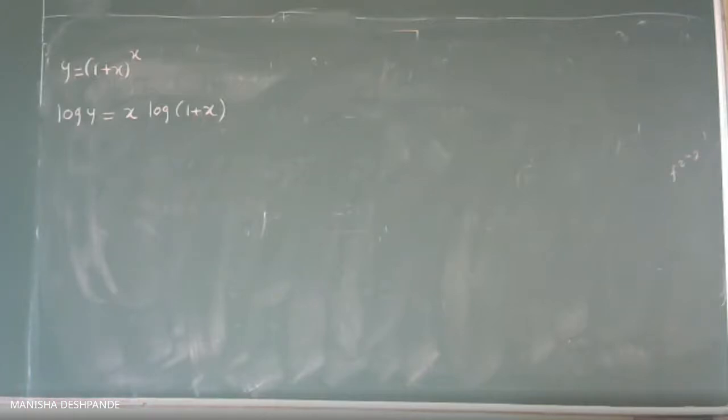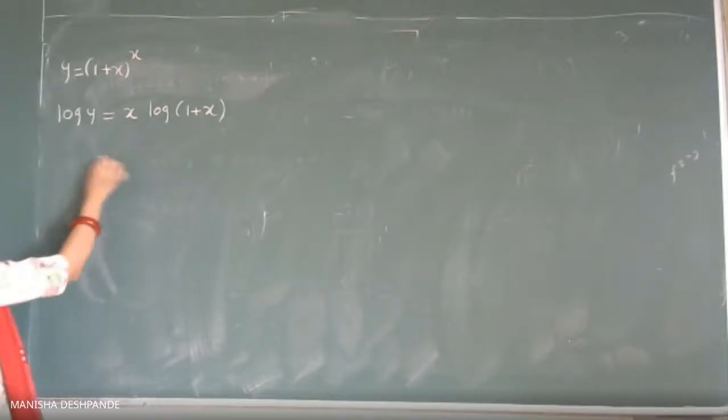Now tell me what you are going to do next. We have just now proved the expansion of log of 1 plus x. So those standard expansions will be used here. This type of topic is called expansion using standard expansions. So what is log of 1 plus x?